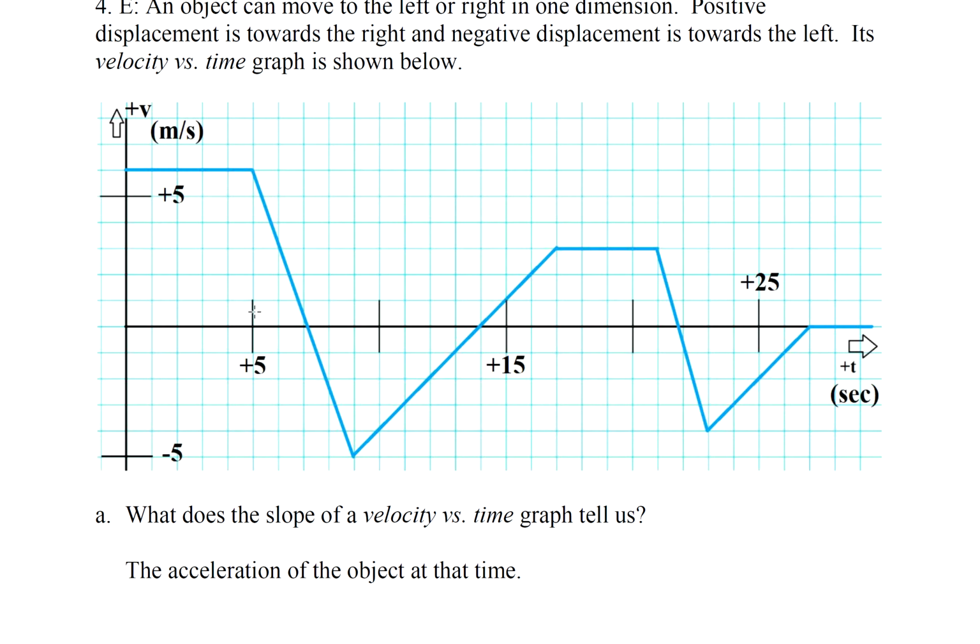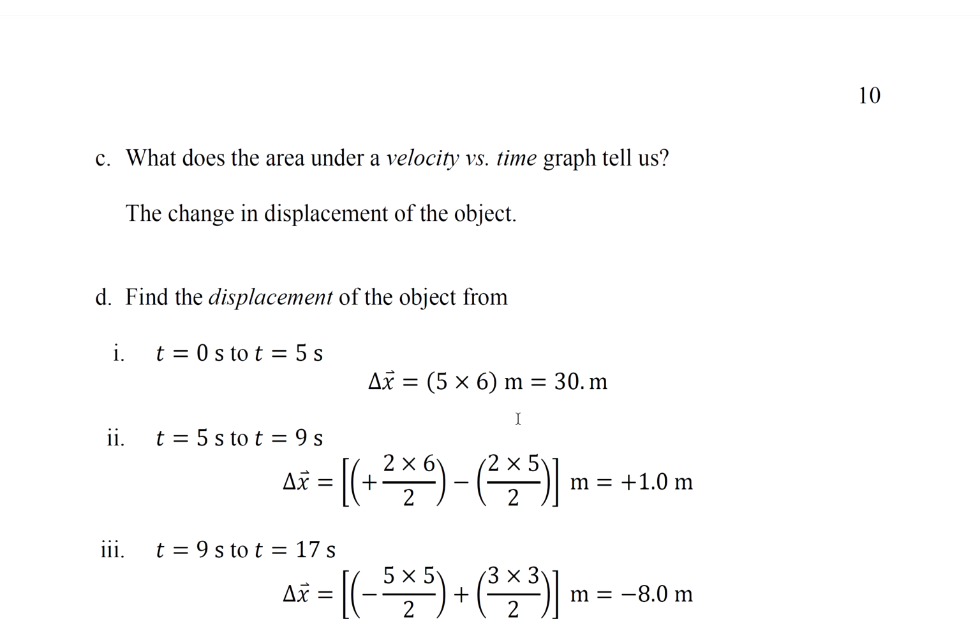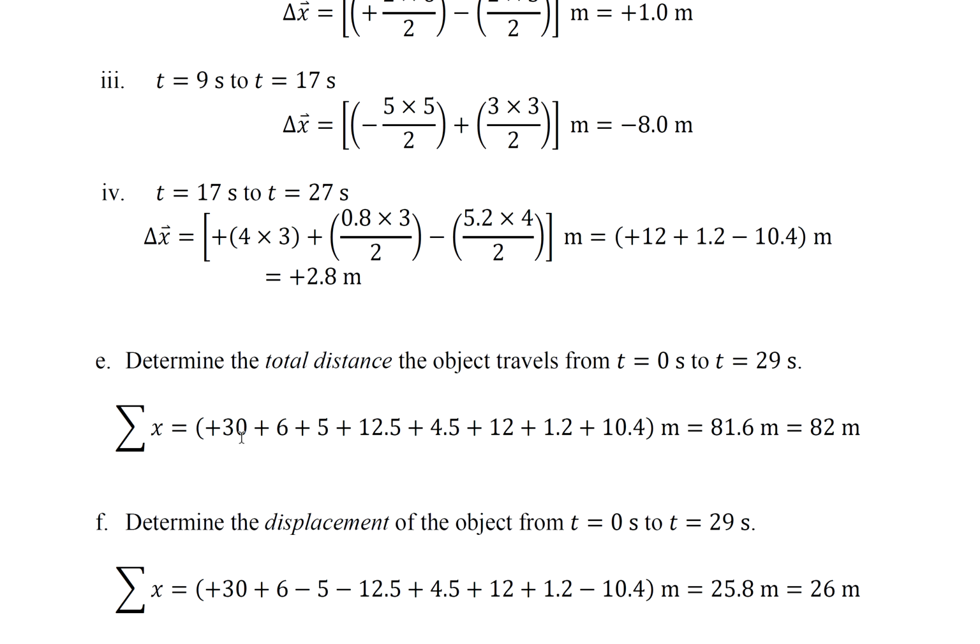So here we have 5 times 6. Then we're going to have 1/2 base times height, 1/2 2 times 6, then 1/2 7 times 5. We just take the area under the graph. And that's what we do here.